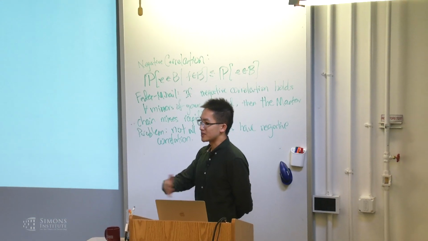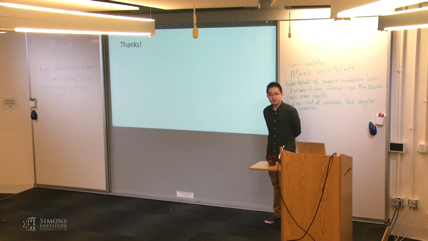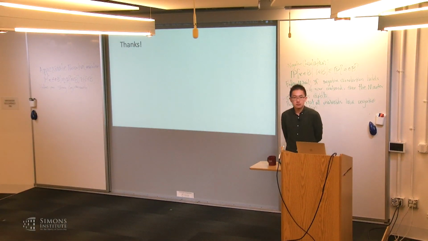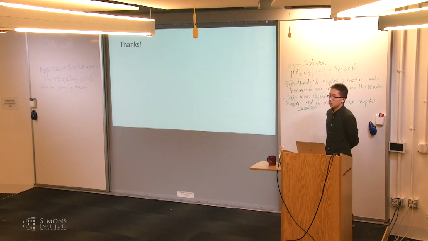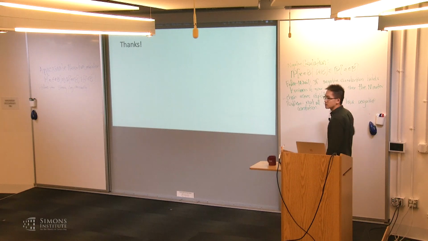I guess I had 15 minutes of questions because I ended much earlier than I expected. There are some cases where the mixing time bounds you get are tight. We think that we can improve it.